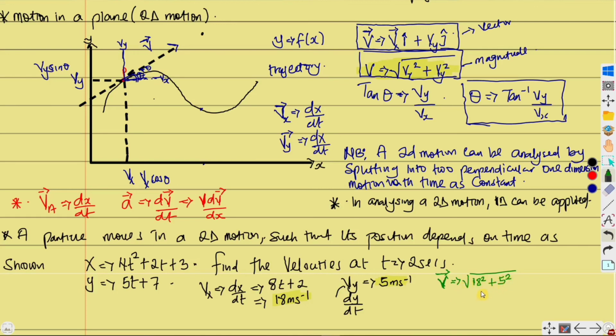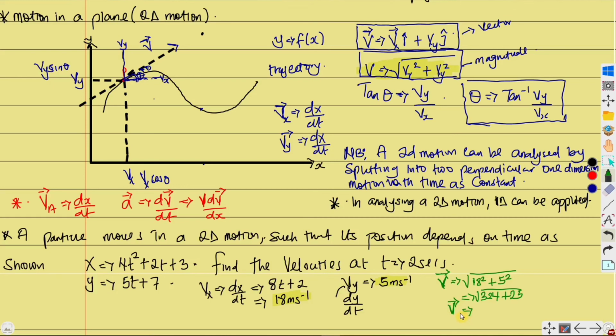Everybody should know that 18 squared is nothing but 324, and 324 plus 5 squared, which is 25, gives 349, so we take the square root.